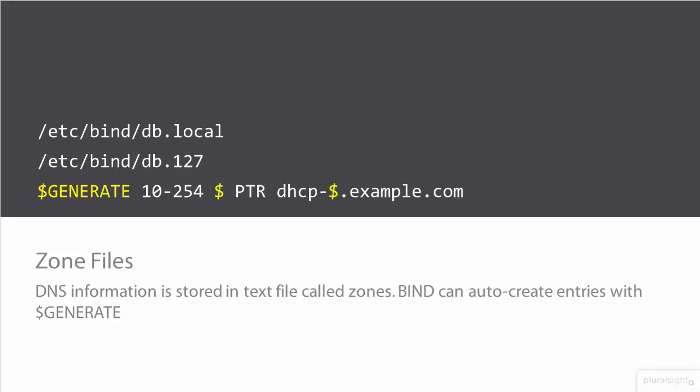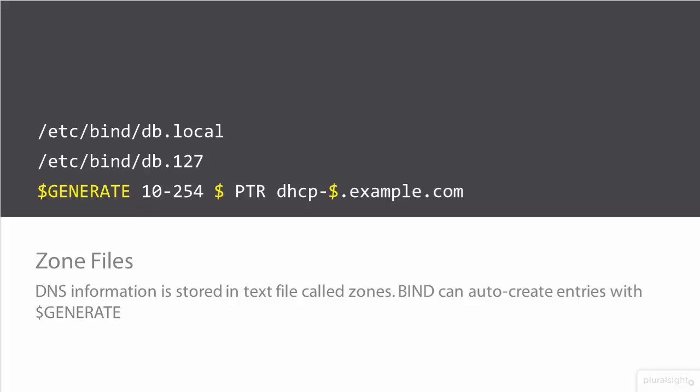When we're creating our zone files, we can also auto-generate our records. So for example, if we were trying to create a reverse lookup zone, we might use the $GENERATE keyword and then specify the range. Here we're looking at, say, 10 to 254. And then we use the value that we're currently working with.